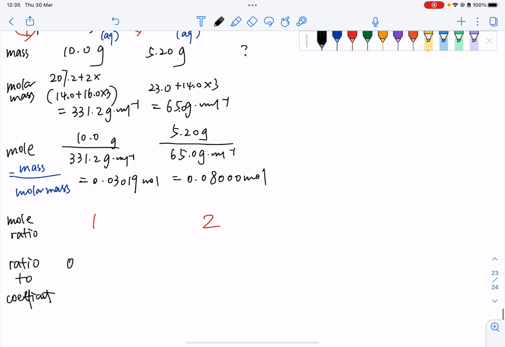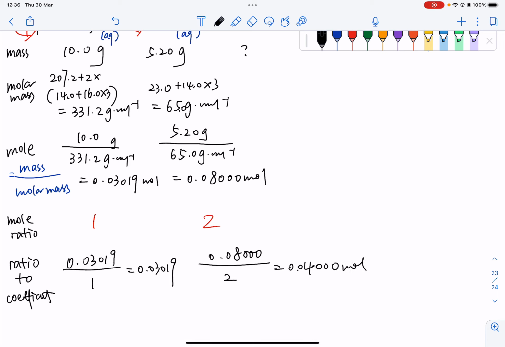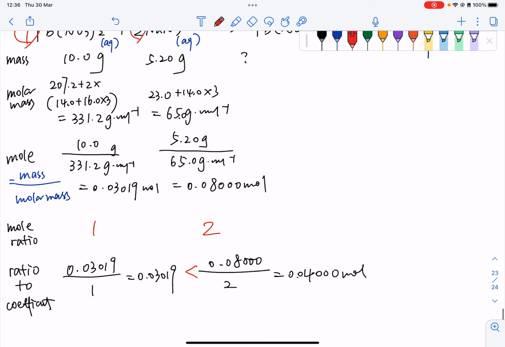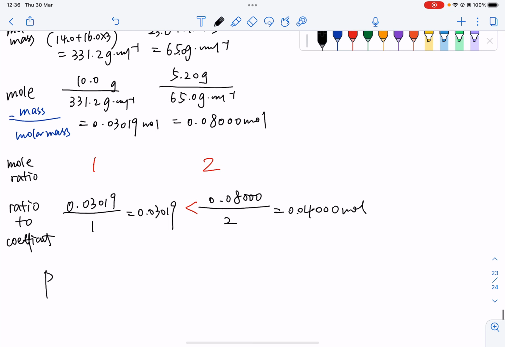Then we do some calculation: 0.03019 divided by 1, and here 0.08000 divided by 2 will be 0.04000. Comparing these two, which one will be smaller, which one will be greater? The left one is the smaller one, right? Then we know that Pb(NO3)2 is the limiting reagent.